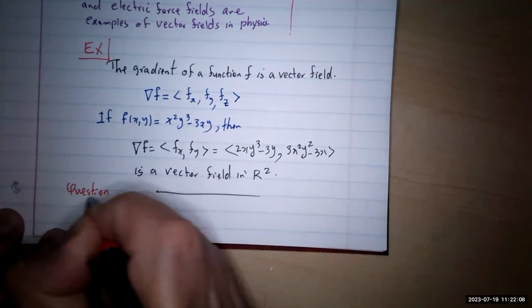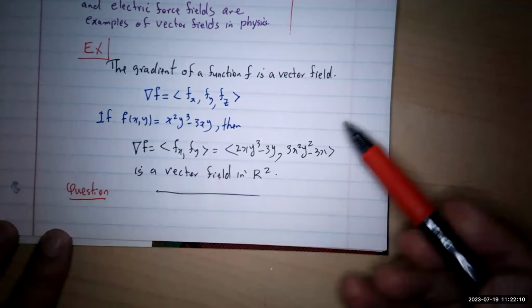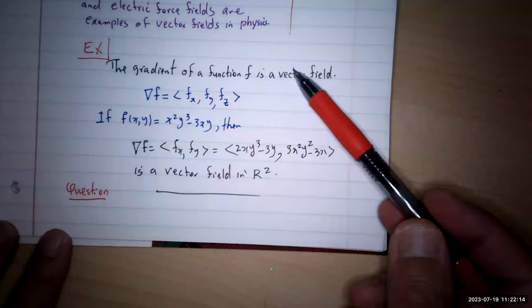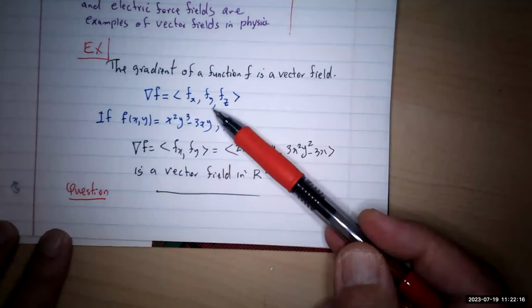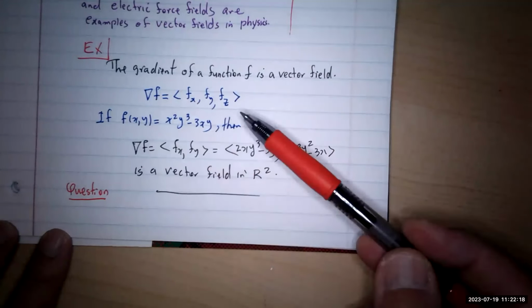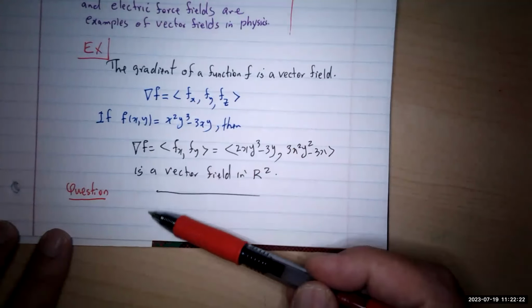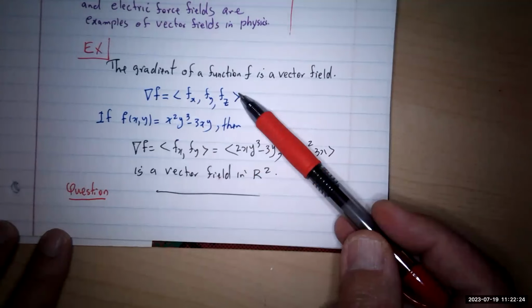Okay, so what's the question? Remember, if you have a function, the gradient of that function would be a vector field. So the question is, if you have a vector field already, can you write that vector field as a gradient of a function?